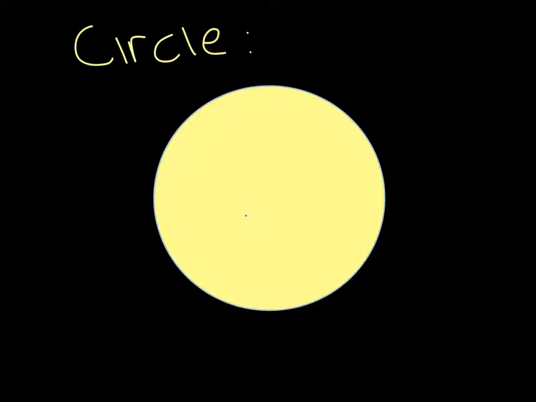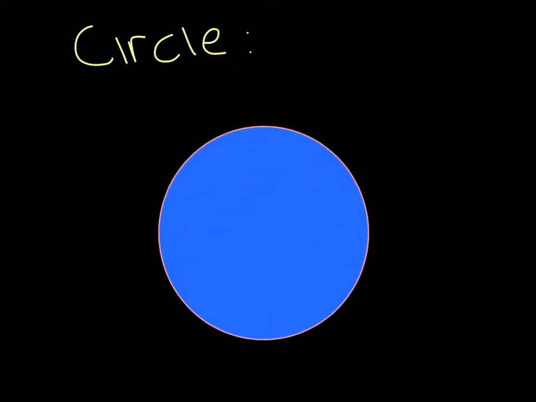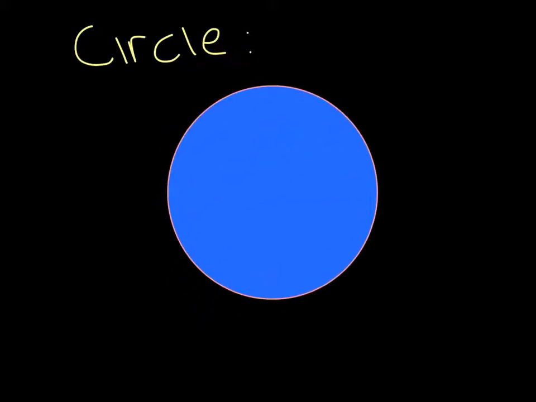Okay, so just to go through our terminology really quickly for the circle, I want to get rid of that dot. There we go. Okay, let's draw a circle down. Perfect. Blue's much better. We want to review some quick attributes of a circle.